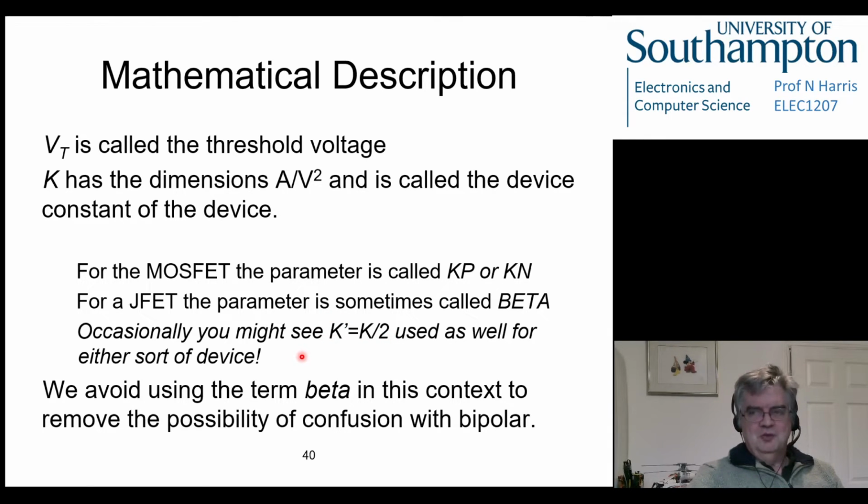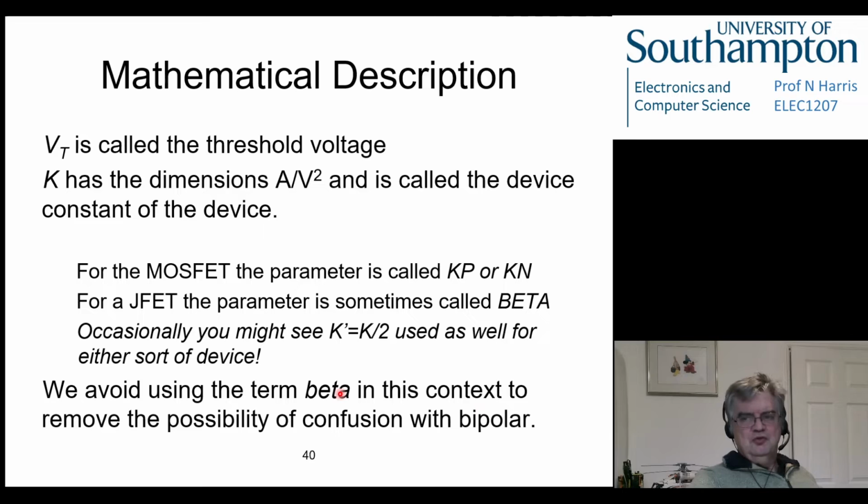But don't worry about it too much, because once we've gone past this basic understanding that there is a K, whatever it might be, we don't really use it after that in this course at all. But if you're designing transistors on an integrated circuit at some point in your life, then you will be a lot more interested in which definition of K you've actually got. So we will avoid using the term beta in this context to remove the possibility of confusion with bipolar transistors.